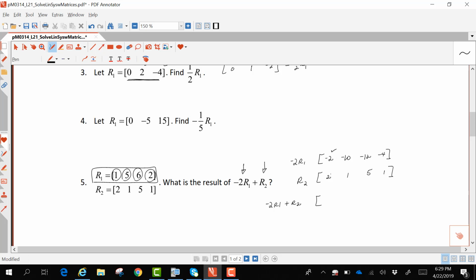I would take -2 plus 2, which is 0, -10 plus 1, which is -9, -12 plus 5, which is -7, and the -4 plus 1, which is the -3. You wouldn't typically put check marks like that, but I'm writing the check marks so you can see what numbers I'm referring to. This would be the result of taking -2 times row 1 and adding it to row 2.